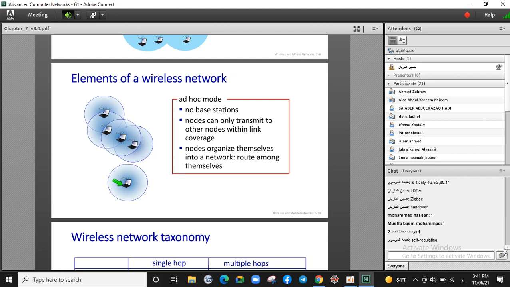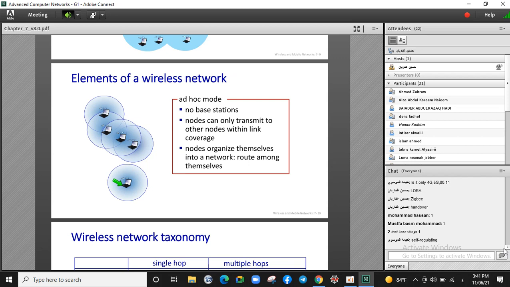So I can say, when I'm talking about ad hoc mode, the nodes in an ad hoc mode network can organize the network between themselves. They can find routes between themselves.